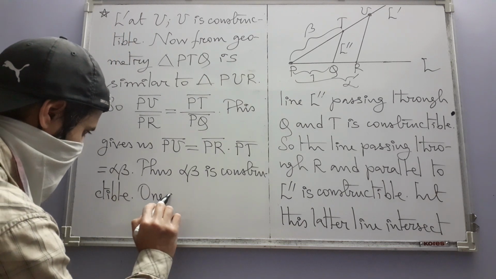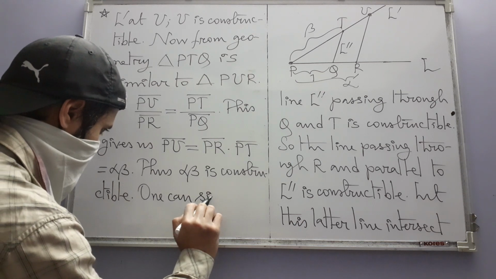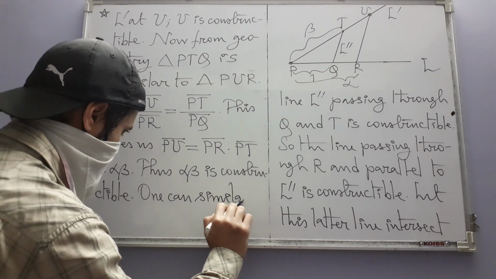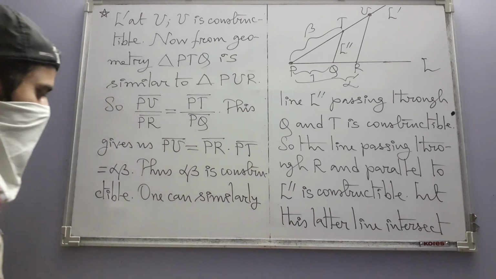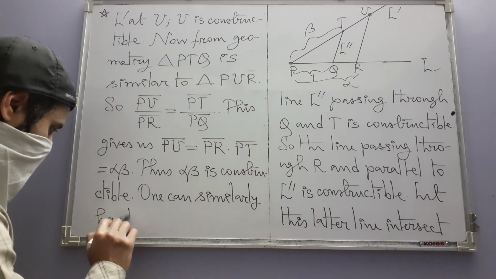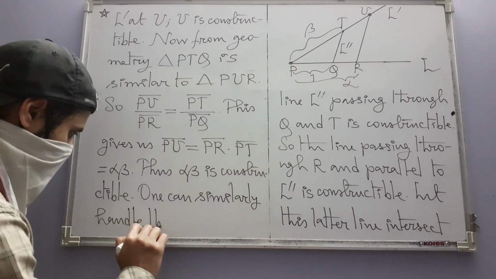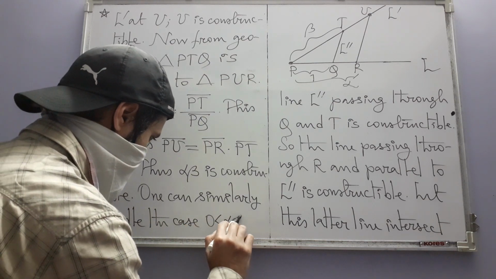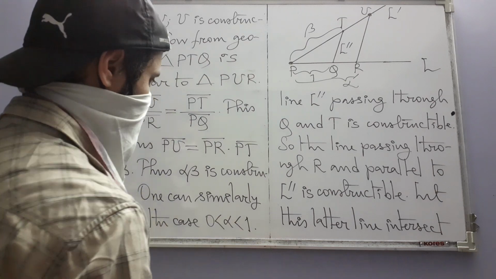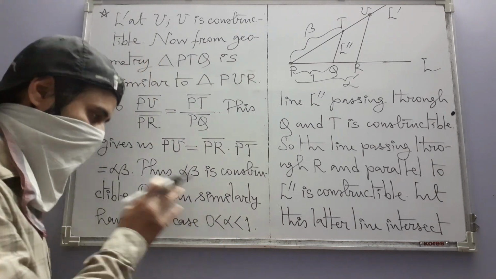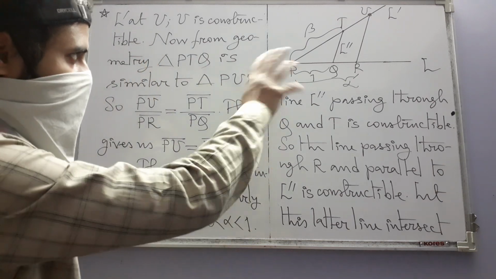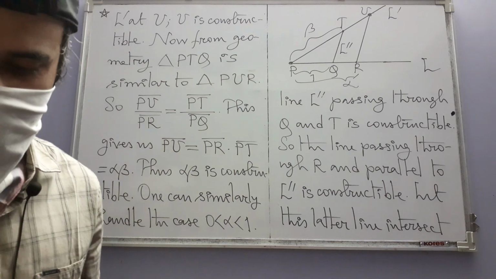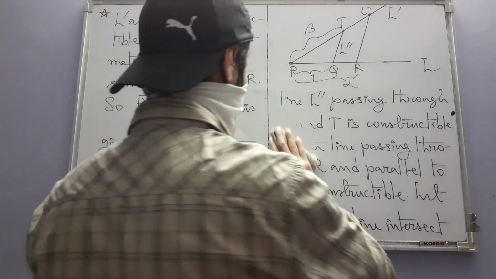One can similarly handle the case where alpha is actually less than 1, and I want you to actually do this similarly like this.